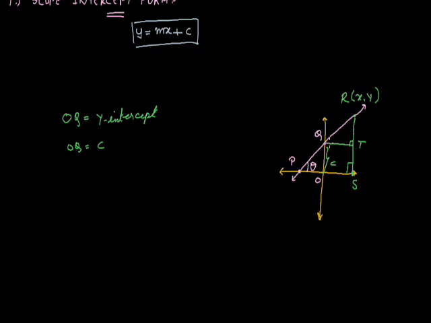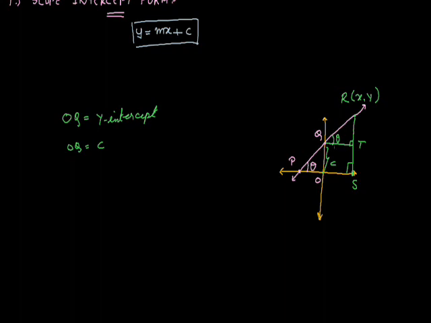Now I can say that since RS is perpendicular to the x-axis and QT is perpendicular to RS, QT becomes parallel to our x-axis, and hence the line L which makes a theta angle with our x-axis also makes the same angle over here as theta, since QT is parallel to the x-axis and the line acts as a transversal for these two parallel lines.